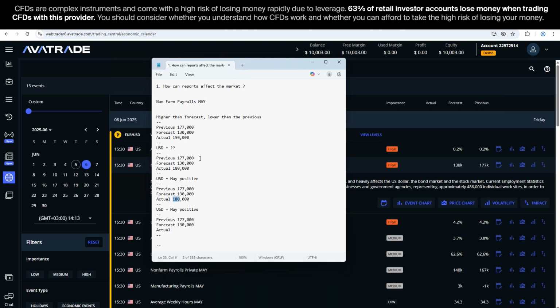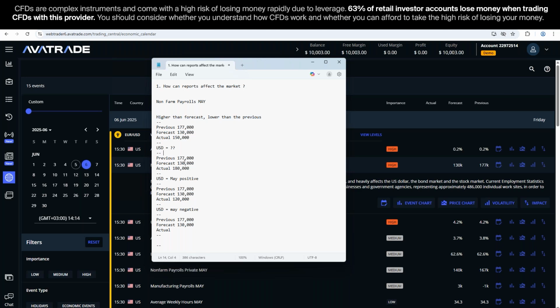This time, let's go negative. So let's go 120. I don't want to take it too far. Of course, if it would be something ridiculous like 90 or something like that, the answer is quite obvious. So let's put it like this: may negative. And lastly, this one we had higher than the forecast.